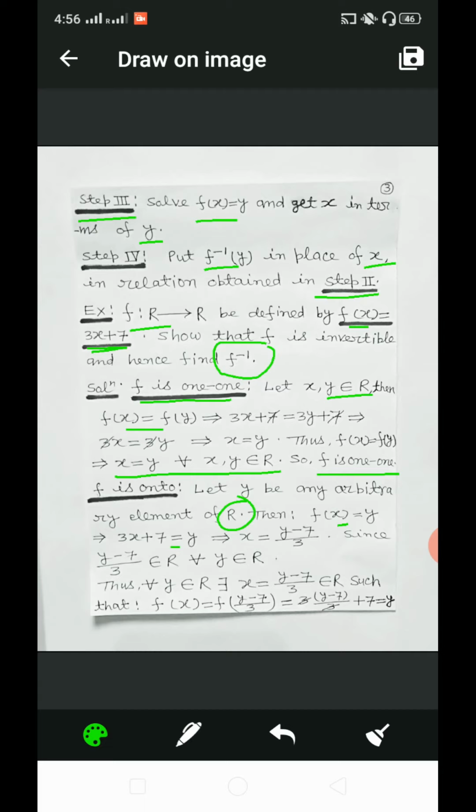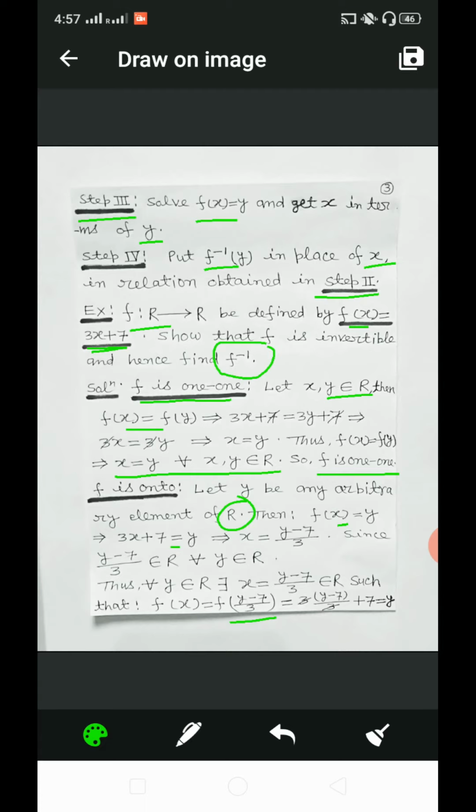Clearly (y minus 7) by 3 belongs to R for all y belonging to R. Thus for all y belonging to R, there exists x equal to (y minus 7) by 3 belonging to R such that f(x) is equal to f((y minus 7) by 3), and this is equal to 3 times (y minus 7) by 3 plus 7, putting f(x) equal to 3x plus 7.